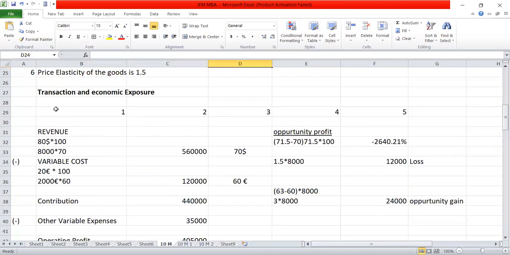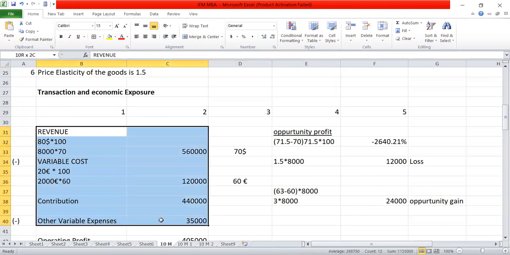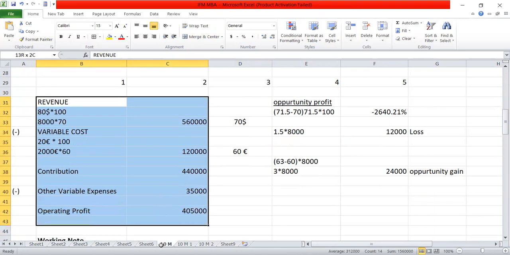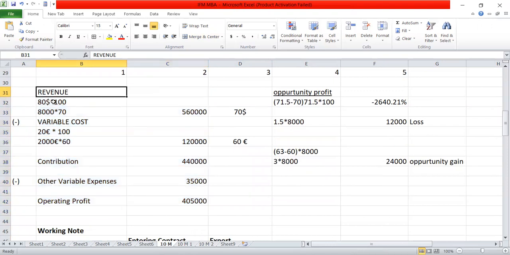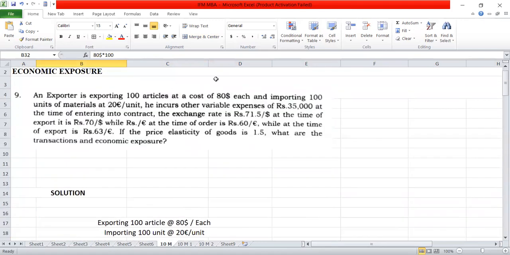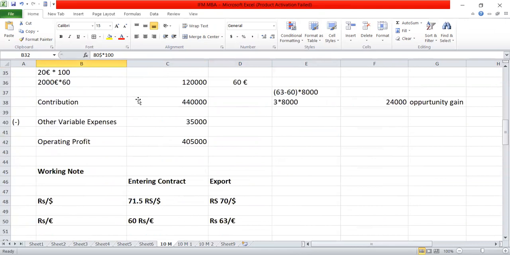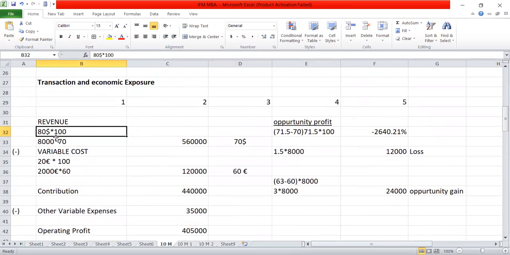First we will make an income statement analysis of this. You can see this table: revenue. It is $80 each, so 100 articles, $80 into 100, that is $8,000. This 8,000 is the revenue.